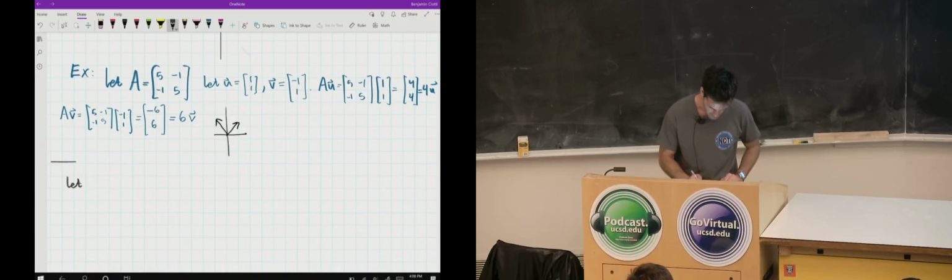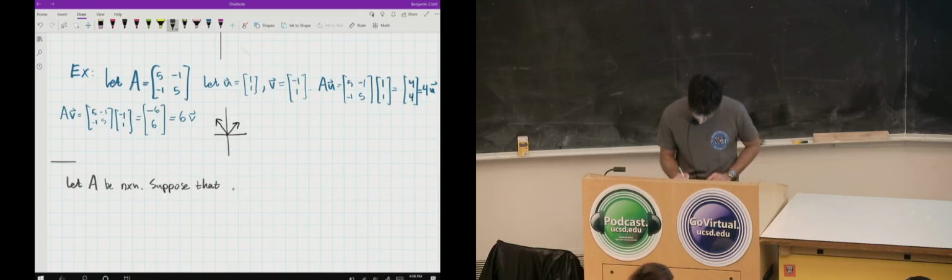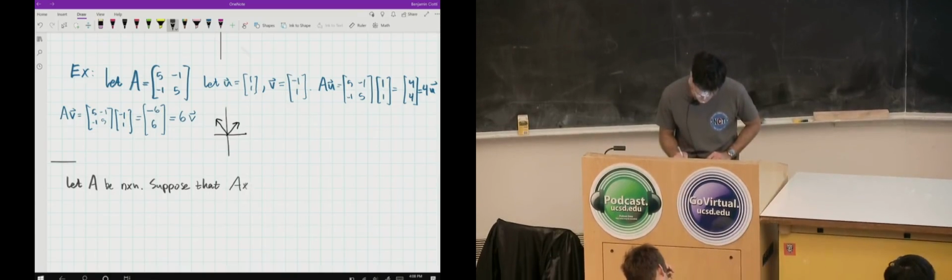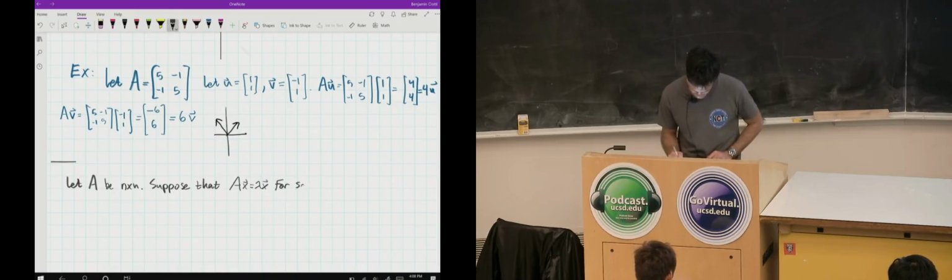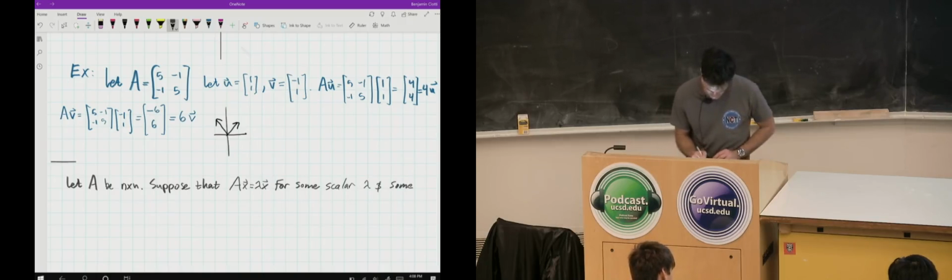If A is an n by n matrix, suppose that A times x is equal to lambda times x for some scalar lambda and some non-zero vector x.